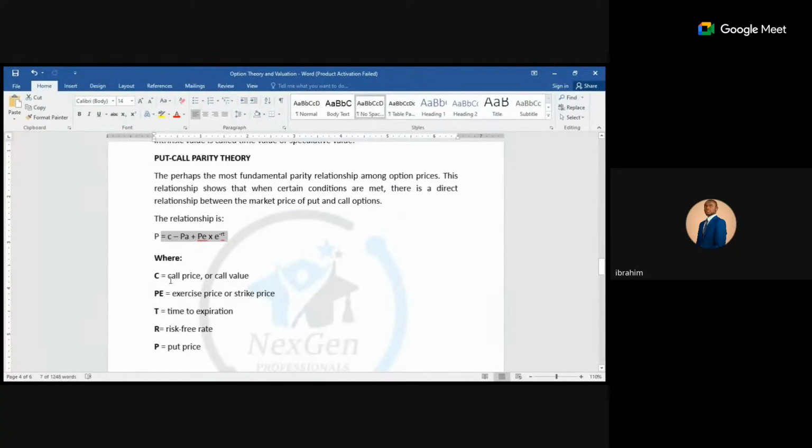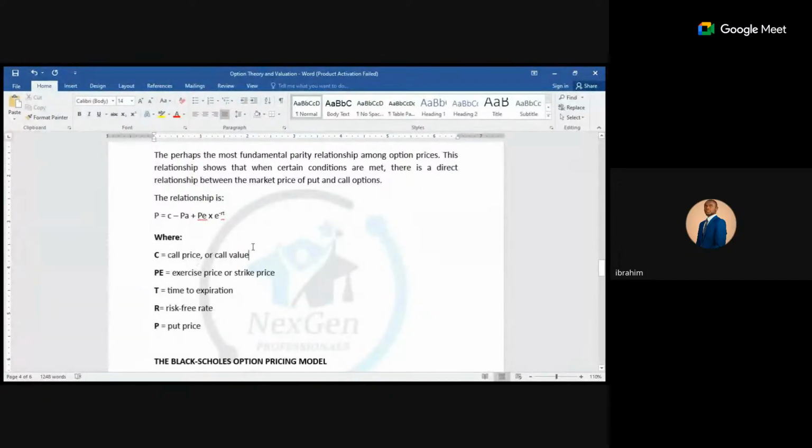where C is equal to the call value or call option price. If I say call price, it means price per share of the underlying asset, just like market price. PE is the exercise price or the strike price. T is the time to expiration or the maturity.